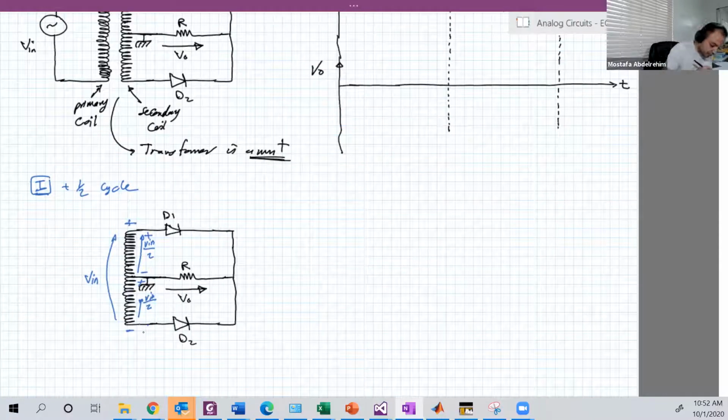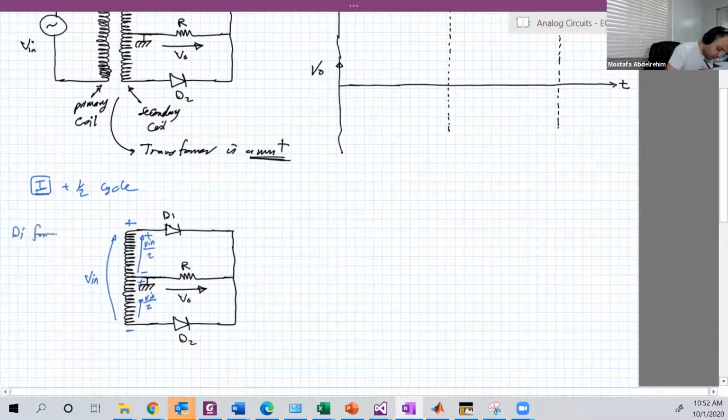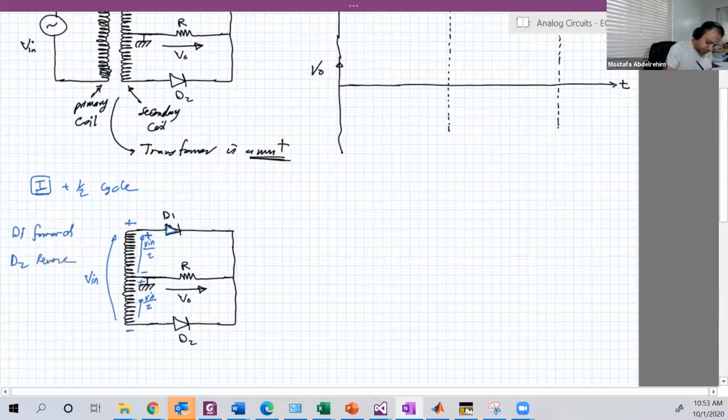Now, D1 is forward. Basically, B is closer to the positive terminal. And D2 is reverse, its B is closer to the negative terminal.